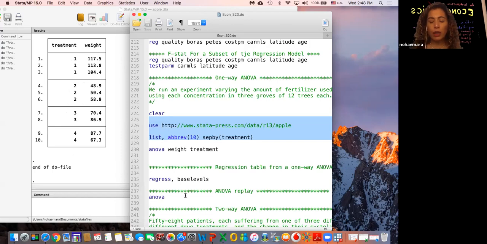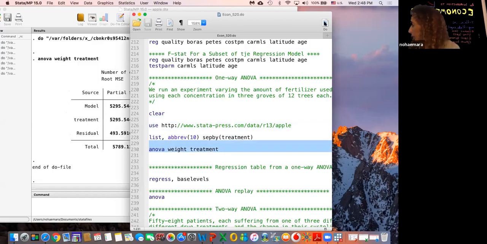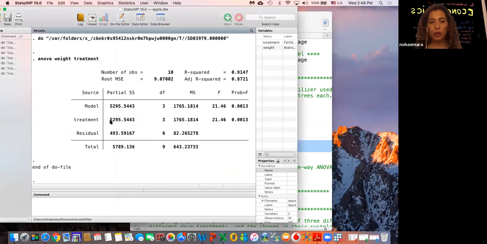Okay, next, we want to see the ANOVA of weight as a function of the treatment. And when you look here, this is the sum squared of the model, sum squared of the error, and in between here I have the sum squared of whatever variable I have in the model.